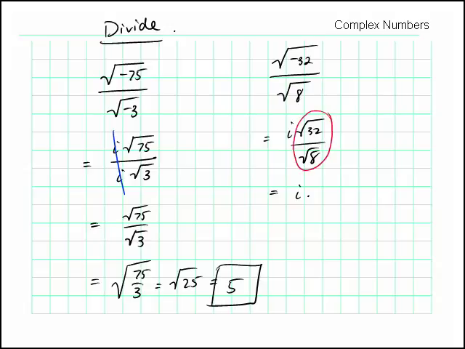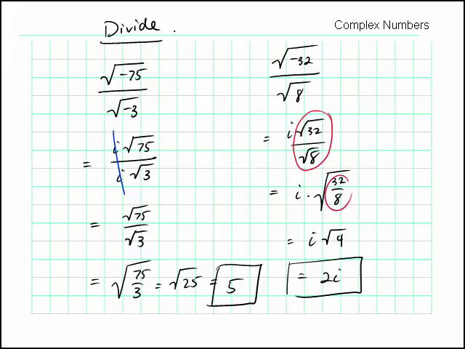These two radicals, I can now use the quotient rule and write that as the square root of 32 over 8. But 32 over 8 is just a 4, so we've got i square root 4 now. Square root of 4 is 2, and so my answer here is the imaginary number 2i. And we've divided our imaginary number.